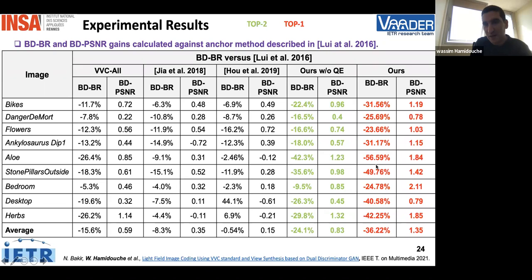Compared to the solution proposed in 2016, we can achieve up to 36% bitrate saving and around 1.35 dB PSNR increase for these 9 light field images, which is quite significant for the coding of light field images.